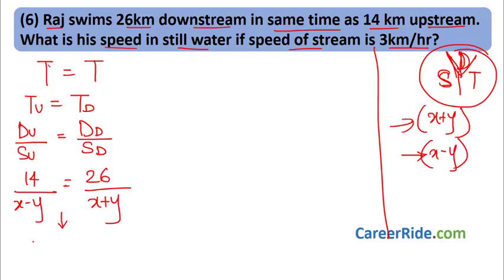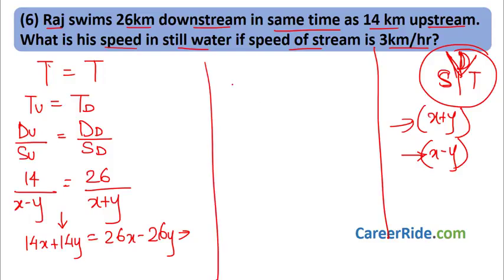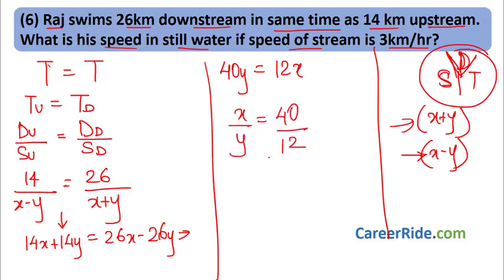So let's solve this equation. What do we get? We get 14x plus 14y would be equal to 26x minus 26y. Let us solve it in this column. We come over here, that is 40y would be equal to 26 minus 14, which is 12x. So x upon y would be equal to 40 upon 12, that is 10 upon 3.